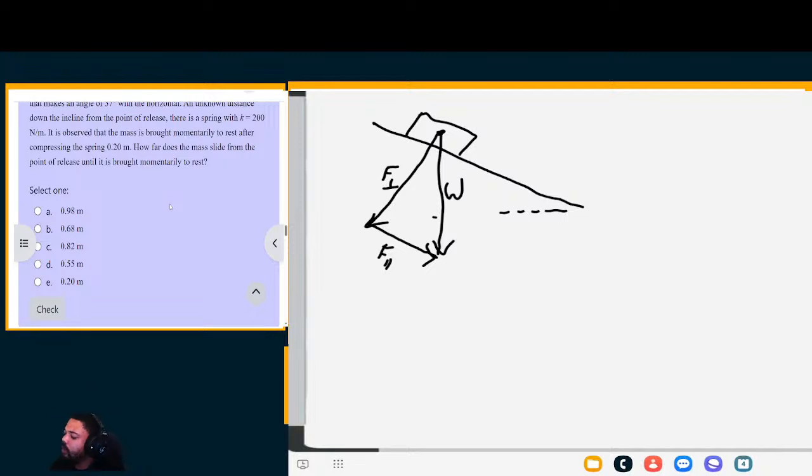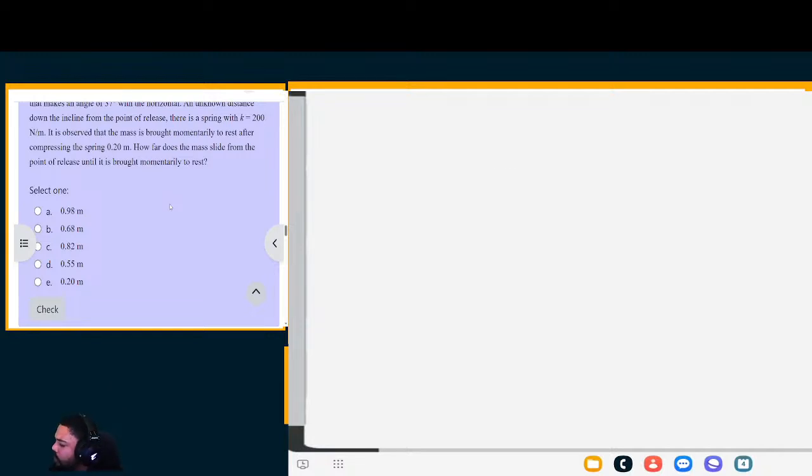Going straight down. Now, how do we calculate the parallel force? That angle there would be 37 degrees, it's theta. We calculate it as the sine of theta times the weight. So the parallel force is equal to the weight of the box times the sine of theta. The weight is the mass times the gravitational acceleration, times the sine of 37 degrees.